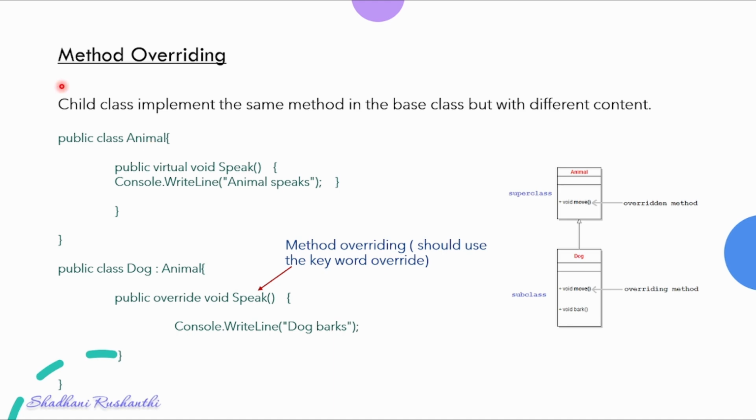Assume you have inherited a parent class to a child class. In the concept of inheritance, the child class cannot normally contain methods with the same name that are available in the parent class. So, to overcome this situation, the concept of overriding was introduced.